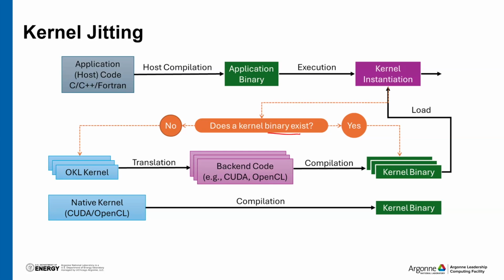There are checks to make sure that things like the flags used for the JIT compilation and any defined constants are the same. If it doesn't exist, it will go through the process of translating your OCCL kernel and then compiling it. Or if you're using a native language kernel, then it will just do the compilation. But if the binary already exists, then it will load that from the cache directory and carry on its way.